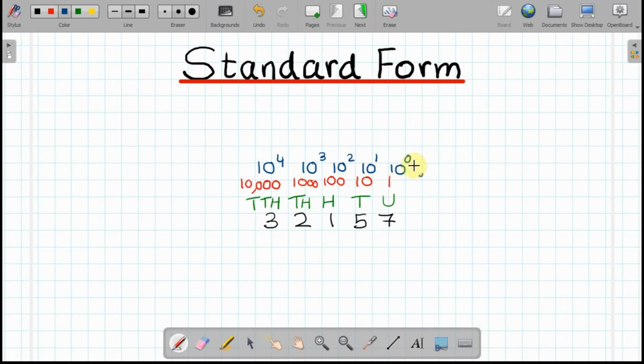And if we had, say, a few more numbers here, let's add some decimal numbers like 8, 9, 6. So the place values would be 10th, 100th, 1,000th.